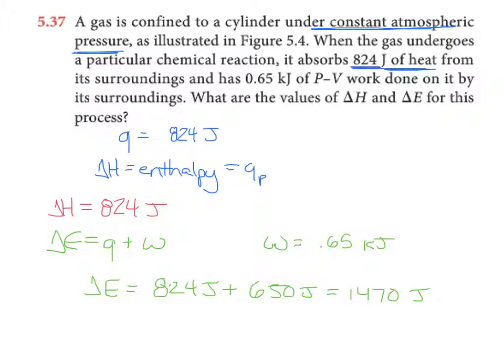Any questions about where any of those numbers are coming from, any of the signs, any of the vocabulary? And in terms of checking significant figures, you'd probably be better off only using 2 significant figures because of 0.65. But other than that, the work is fine. Okay, if we are good there.